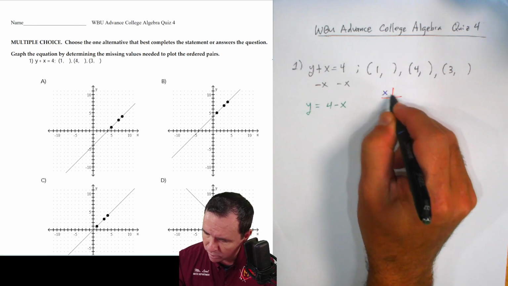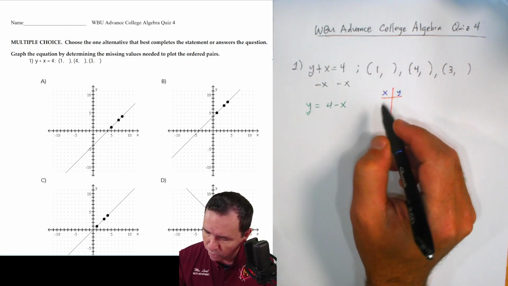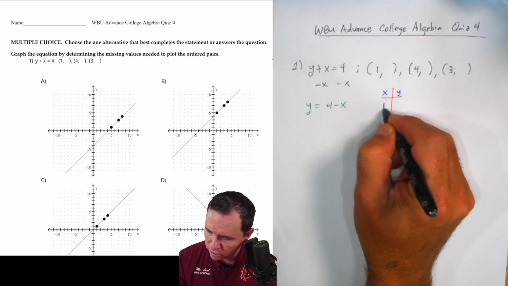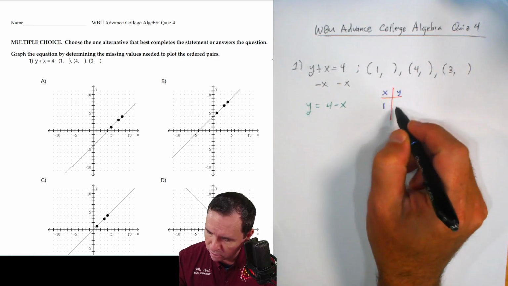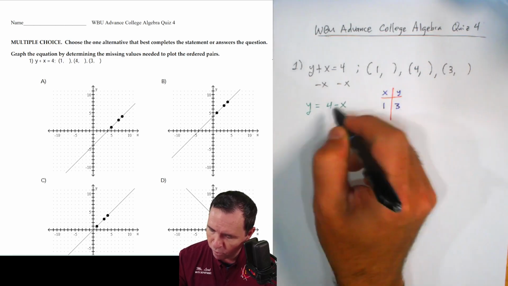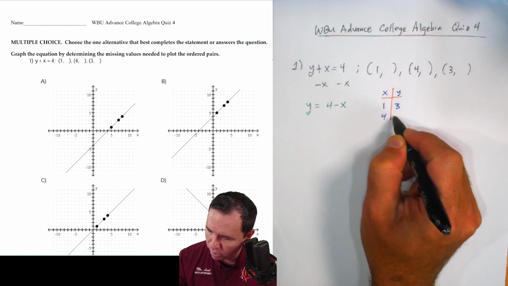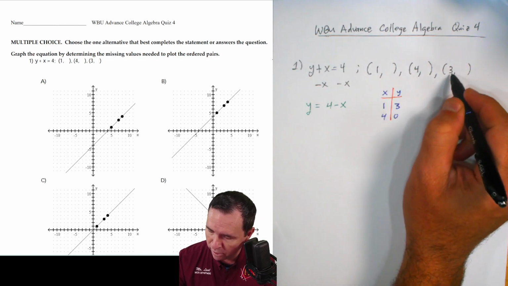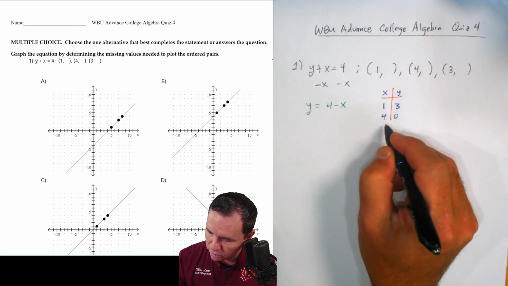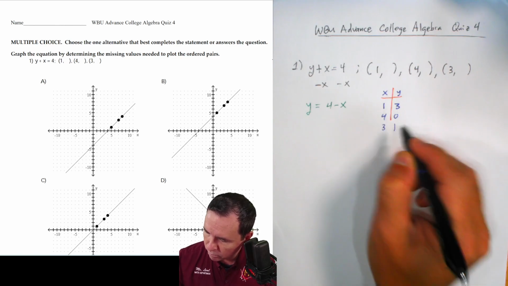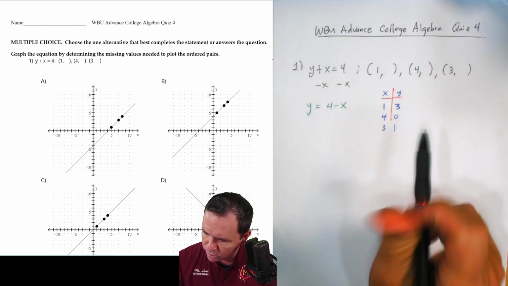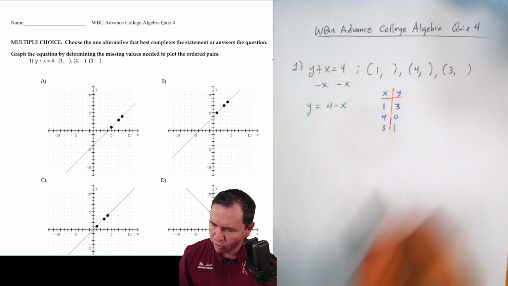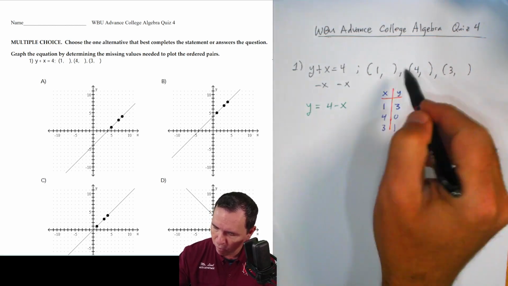We're going to have x, we're going to have y. We're going to put 1 for x, so 4 minus 1, that's a 3. We're going to plug in a 4, 4 minus 4 is 0. And then we're going to plug in a 3, 4 minus 3 is 1. So those are all the values that we get by substituting 1, 4, and 3.